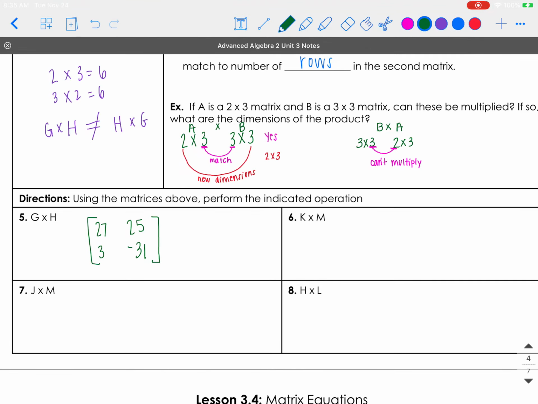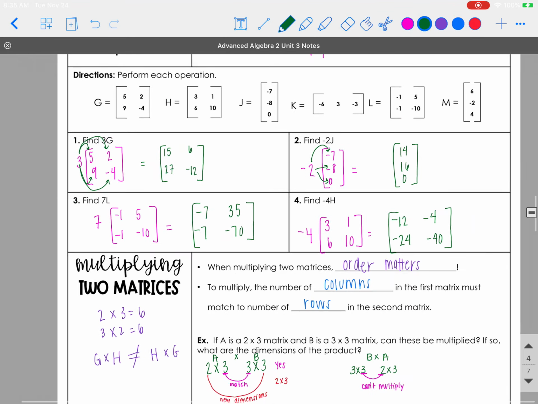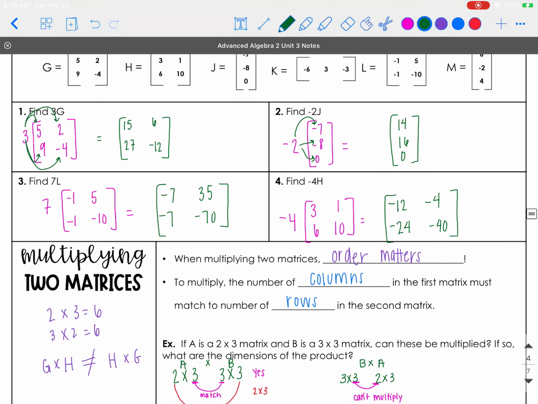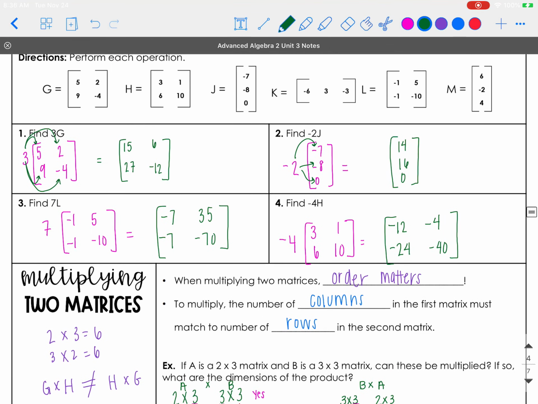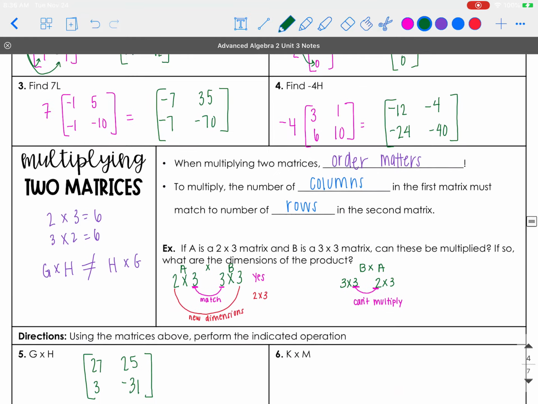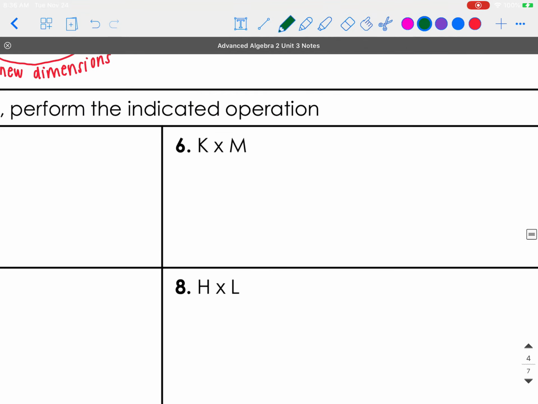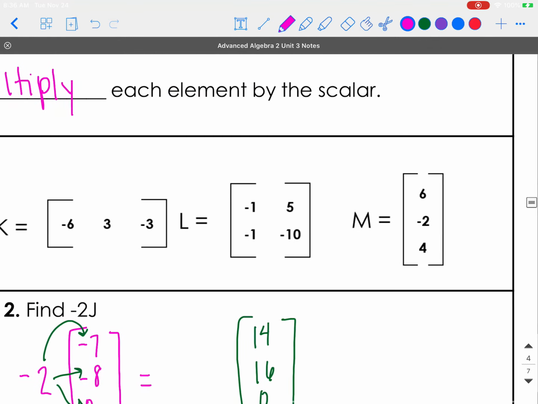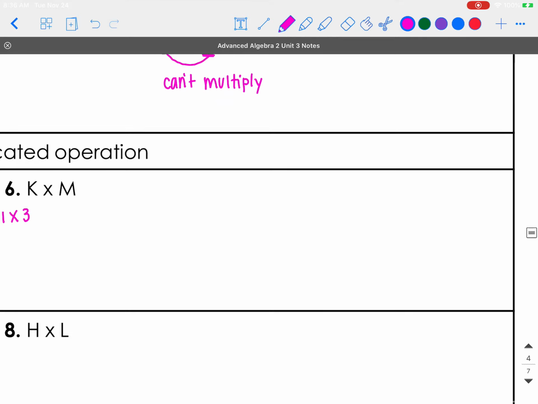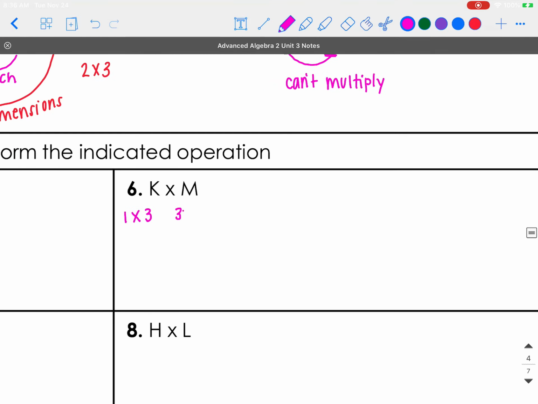And actually, I should have checked. I didn't check first. I'm supposed to check first. I just knew that if you're multiplying a 2 by 2 and a 2 by 2, it can happen, but I will check the next one. K times M. So K is a 1 by 3. M is a 3 by 1.